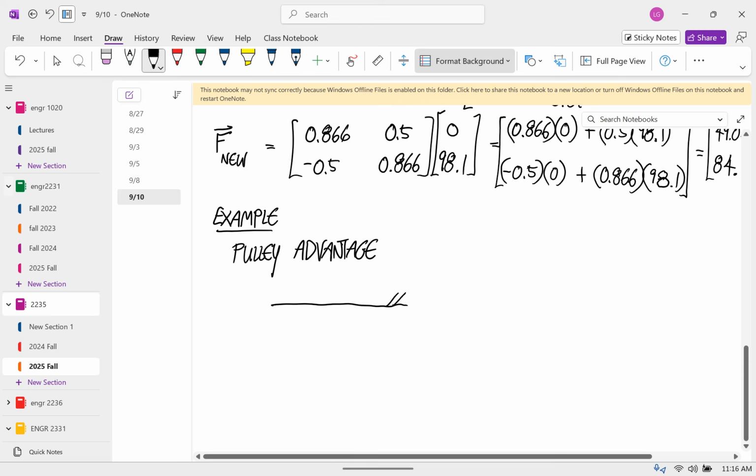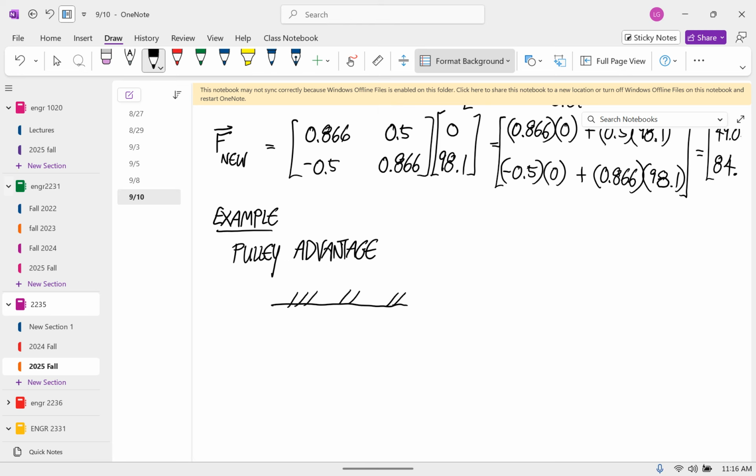So here is a ceiling. And let's say that there's a pulley attached to the ceiling there. And then there is a hanging pulley that's attached to a mass.